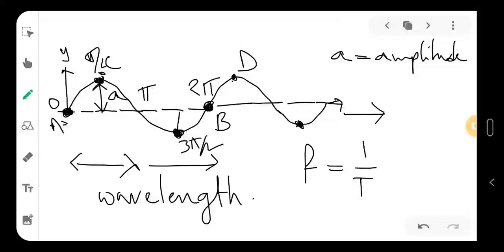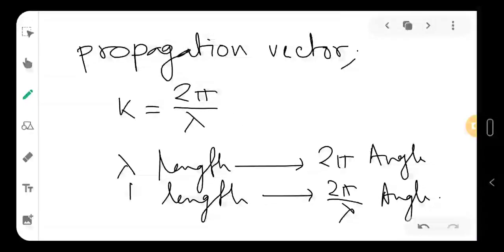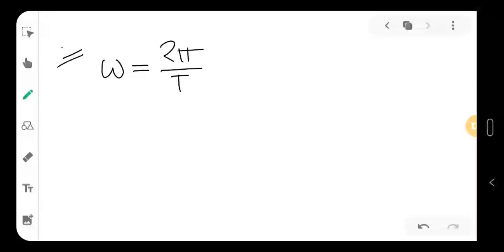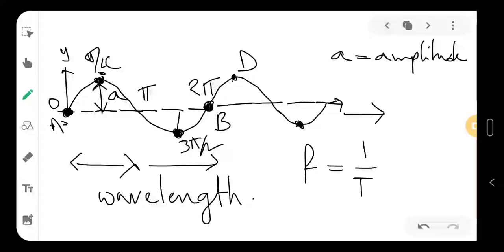That again gives us omega, but this is not the omega of oscillation, this is the omega for wave motion, the motion of the wave. So this is the angular velocity of the wave.